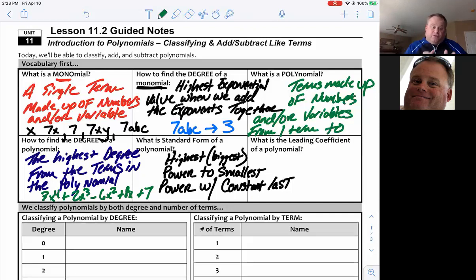It goes from 3x to the fourth, power of 4, then the power of 3, then the power of 2, the power of 1, which is not written, right? 8x, nothing written above it, so it's a power of 1. And then the 7 is a constant. It's just a number, and that goes last. That is standard form. Highest power to lowest, constant goes last.